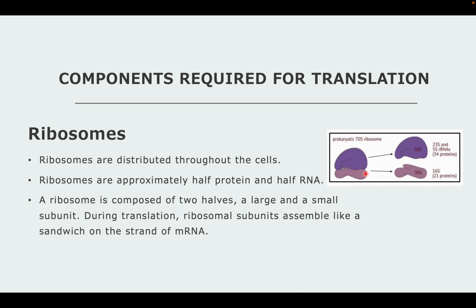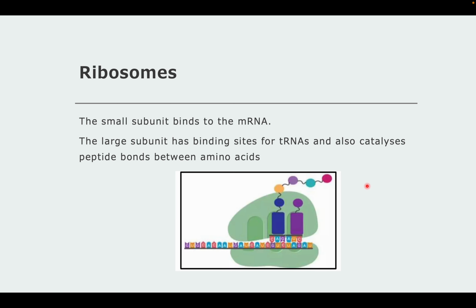When they need to do the translation, both subunits assemble together like a sandwich, and in between is the mRNA. Here you can see the small subunit and the larger subunit. The smaller subunit binds to the mRNA to initiate the translation, and the larger subunit binds to the tRNA, which brings the amino acids and has the anticodon for the mRNA, and also catalyzes the formation of the peptide bond.